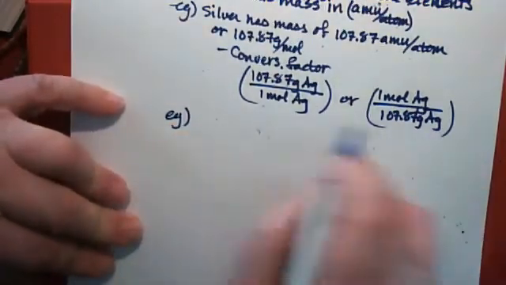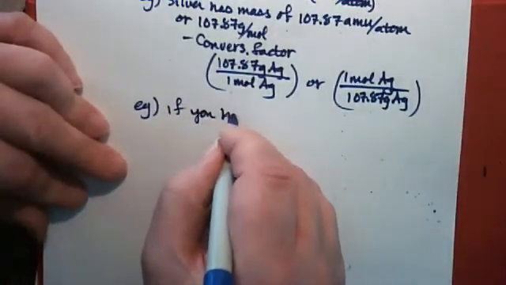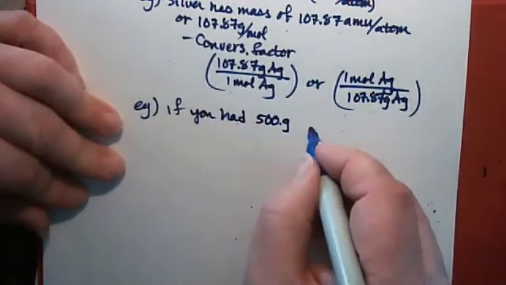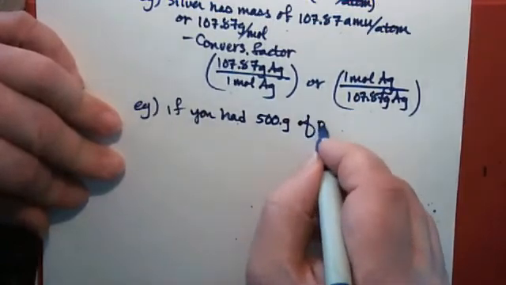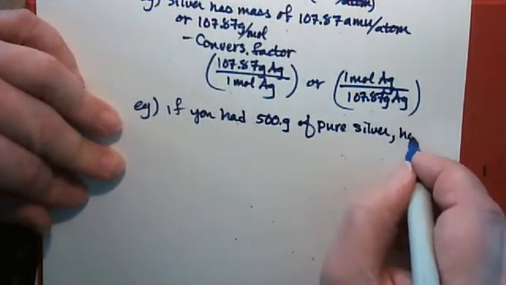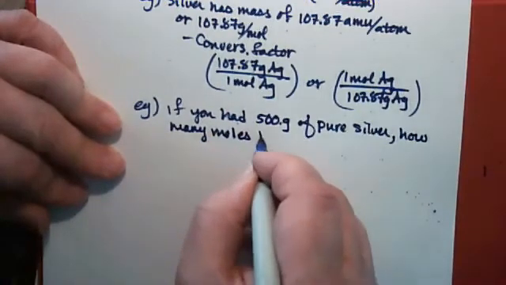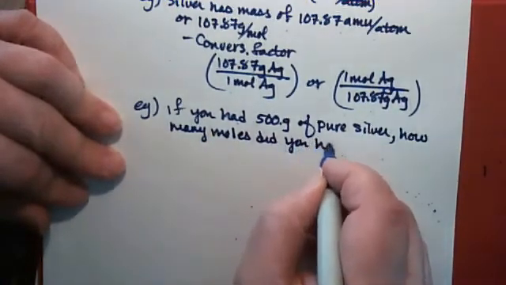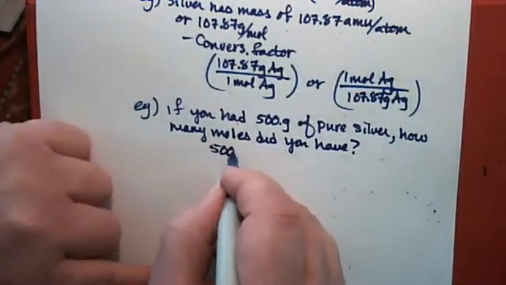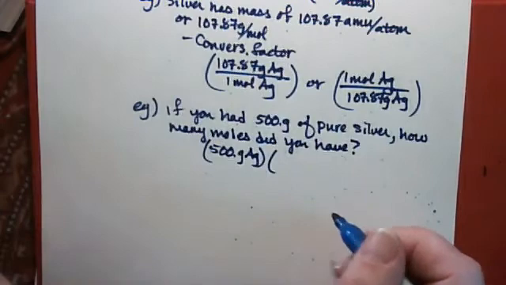Some examples of using conversion factors like this. Say if you had 500 grams of pure silver, how many moles would that be? Well, that's simply a case of taking the 500 grams that you had and using the conversion factor between moles and grams.